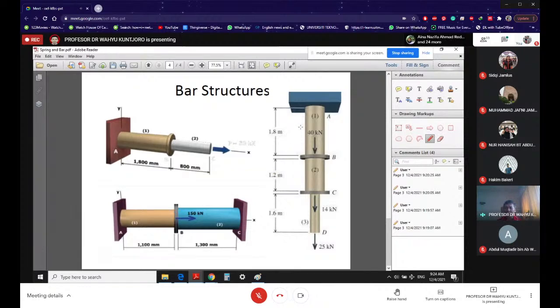If you look at this figure here, you see that the axis of every segment is the same. Do you see the red color? That red color is the axis of every element.